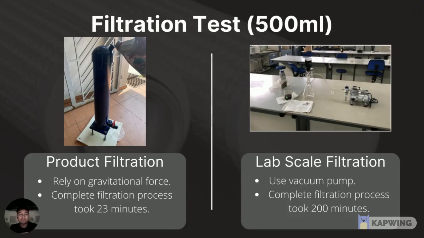The product filtration relies on gravitational force only, and the lab scale has the support of a vacuum pump. Product filtration only took 23 minutes to complete the filtration process, while the lab scale filtration took 200 minutes.